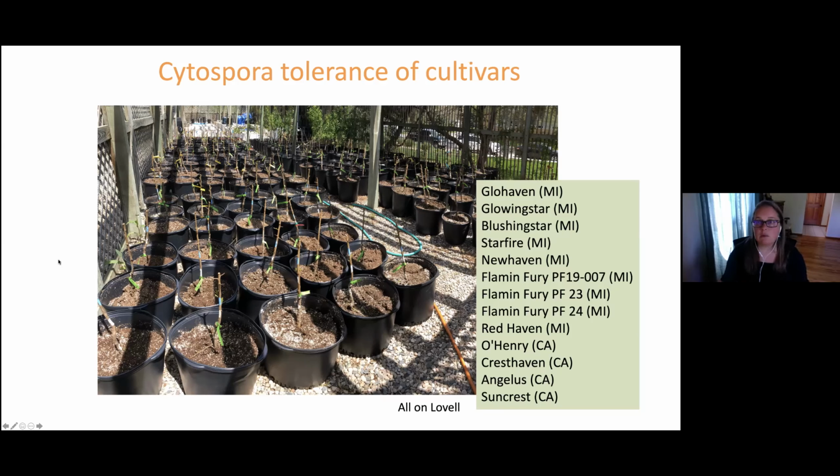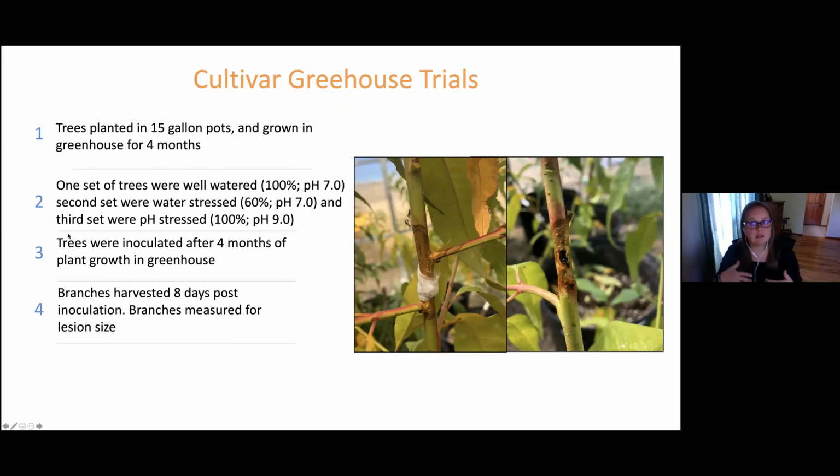So what we did was we got all these trees from the nursery, planted them in 15-gallon pots, and grew them so they would be healthy for about 4 months. Then at 4 months, we split them into 3 different groups.